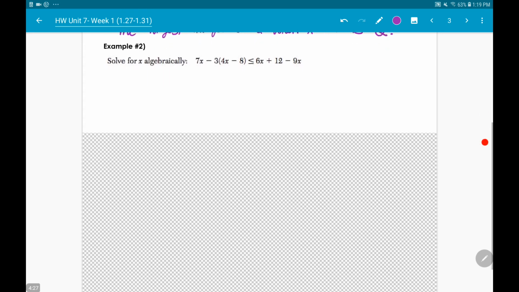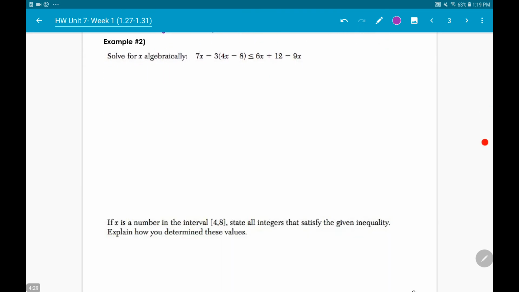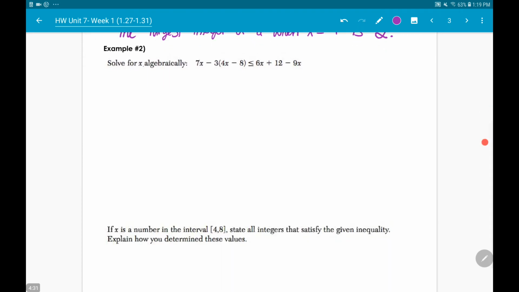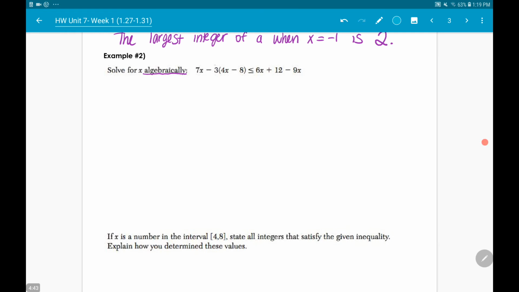So let's move on to number 2. It says solve algebraically for x. Let's start solving like we would any other linear inequality or equation. First things first, I see parentheses, so I need to multiply this negative 3 to both terms inside. Let's write that next step out.